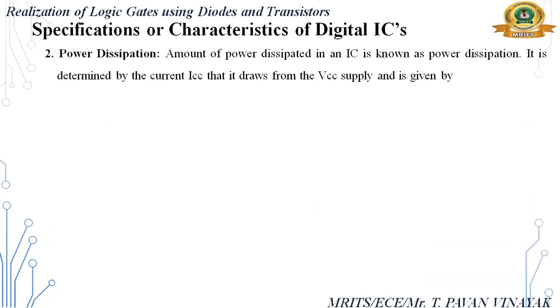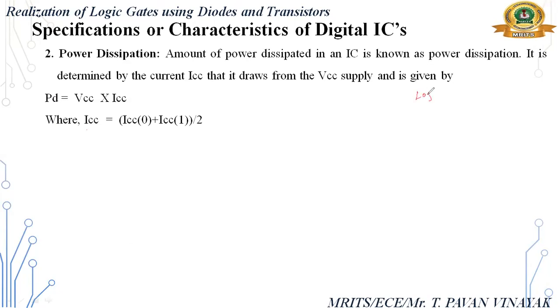Next specification is power dissipation. Because IC can release some power in terms of heat or anything. So how do we calculate power? Power is equal to current into voltage, where ICC is the current. How do we calculate current?